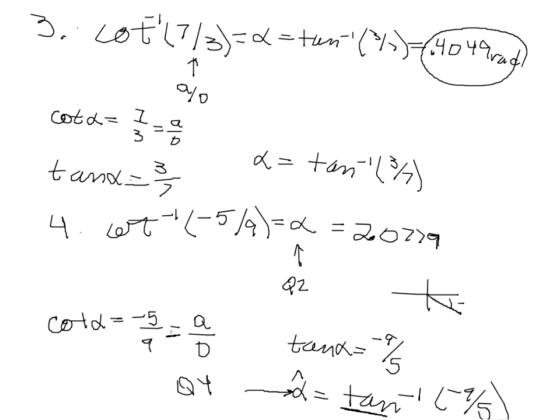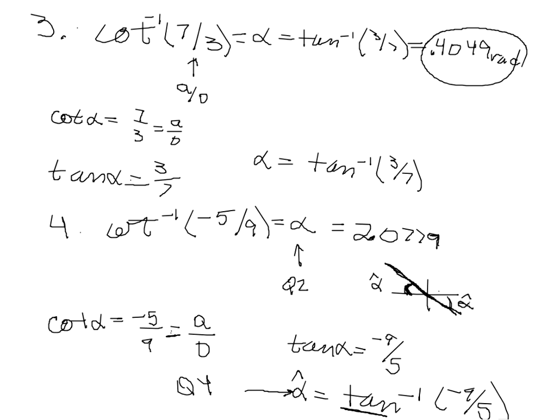Now why did I add pi? So I came out with this negative angle, and I called it alpha hat. Its reference angle is the same here. So as I extend this line backwards through the origin, I get this vertical angle between the x-axis and the angle line.